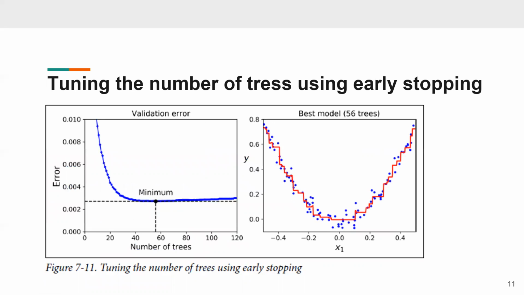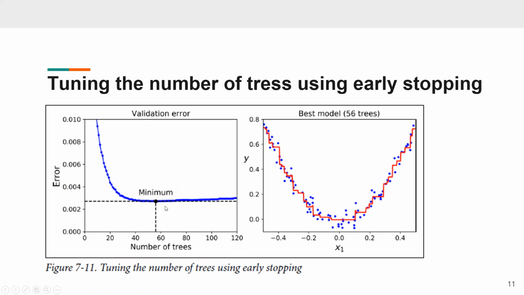This is an illustration of what that means. What you do is you look at the number of trees versus the y-axis, which is the validation error, and it turns out that around 56 would be the minimum of the validation error.